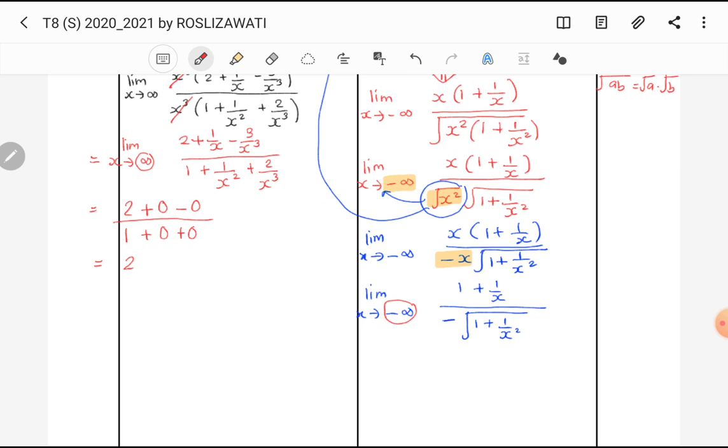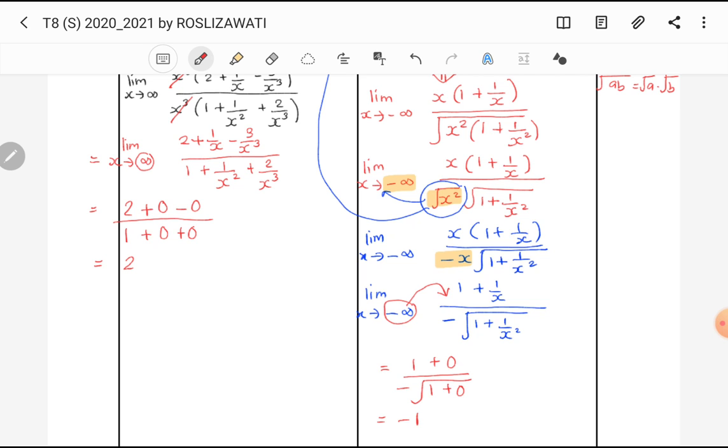Negative infinity into the simplest form tadilah. Okay, so we will get equal to, saya tak perlu tulis limit dah sebab saya akan ganti. So, dia akan jadi 1. Okay, next plus 1 over negative infinity is 0 over negative square root of 1 plus 1 over infinity. So, akan jadi 0. And the answer is equal to negative 1.